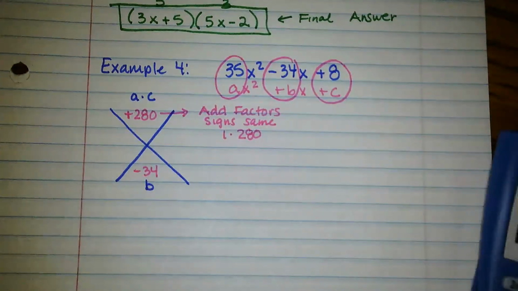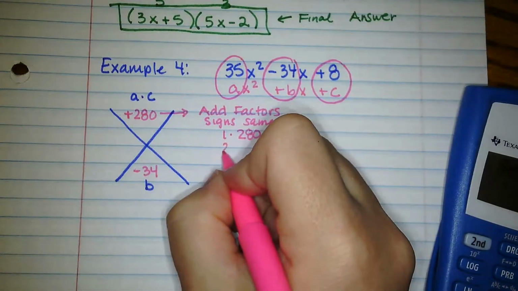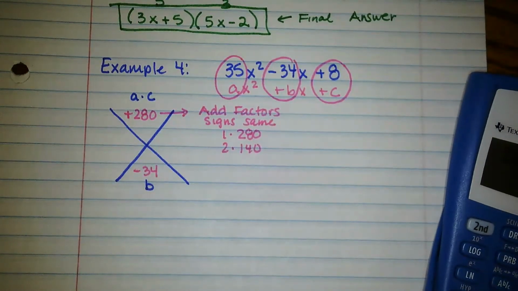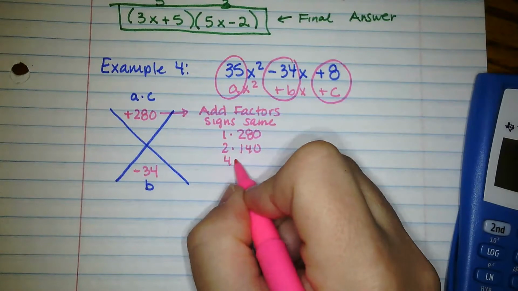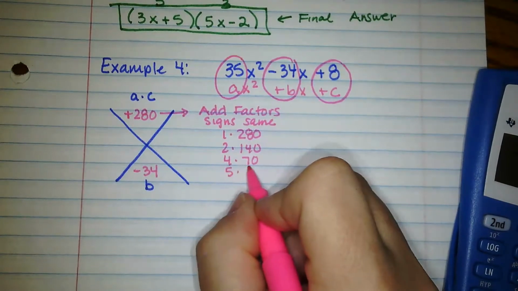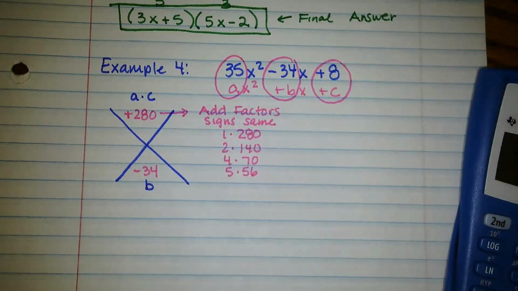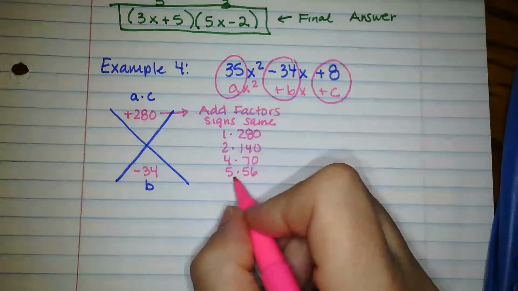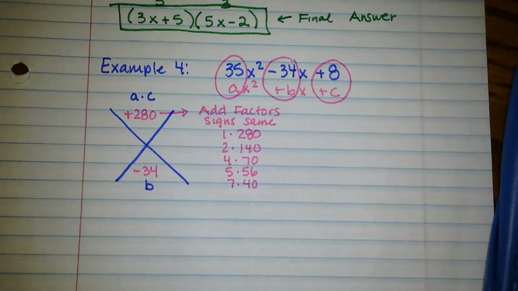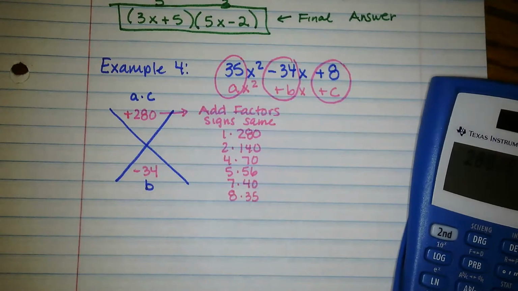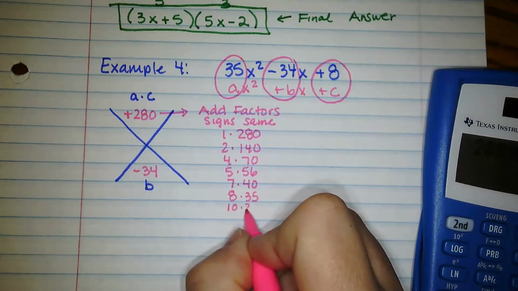So 1 times 280, we're going to do 280 divided by 2 is 140. 280 divided by 3 doesn't work. 280 divided by 4 is 70. 280 divided by 5 is 56. 280 divided by 6 doesn't work. 280 divided by 7 is 40. 280 divided by 8 is 35. 280 divided by 9 doesn't work. 280 divided by 10 is 28.